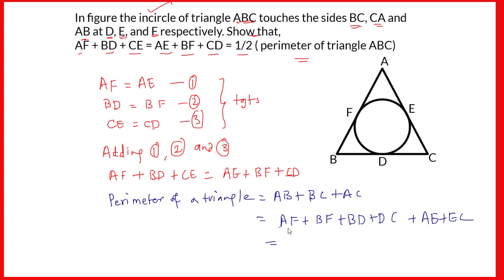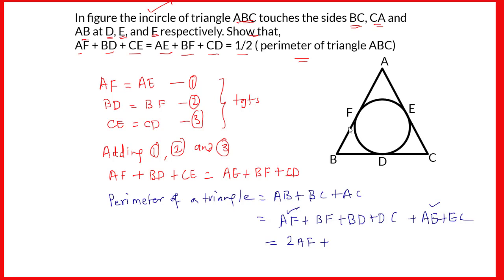Now here we will take the two sides or lengths that are equal. So here AF is equal to AE. This AF and this AE we will take together, but AF and AE are equal because the tangents are drawn from the exterior point, so we can write it as twice of AF.